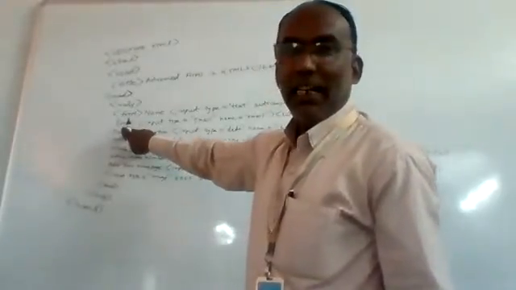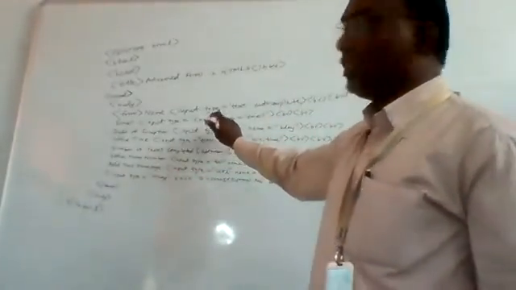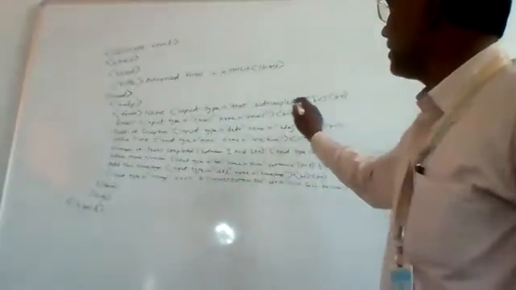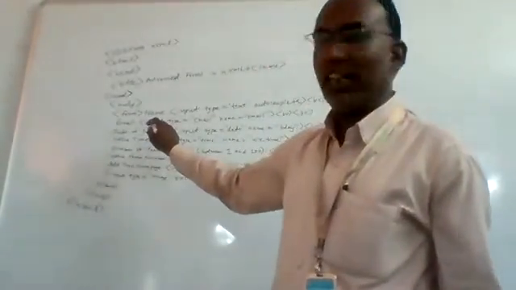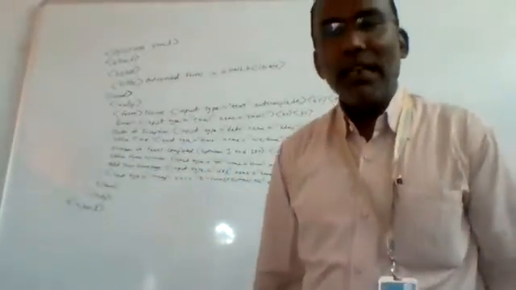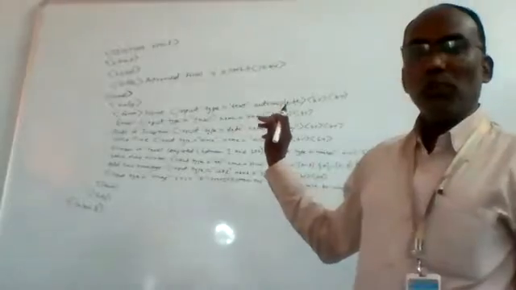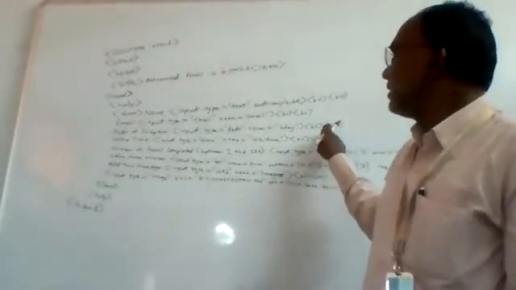Next, email, input type is equal to email, name is equal to email, br tag. Next, date of inception, input type is equal to date, name is equal to bday, br tag.